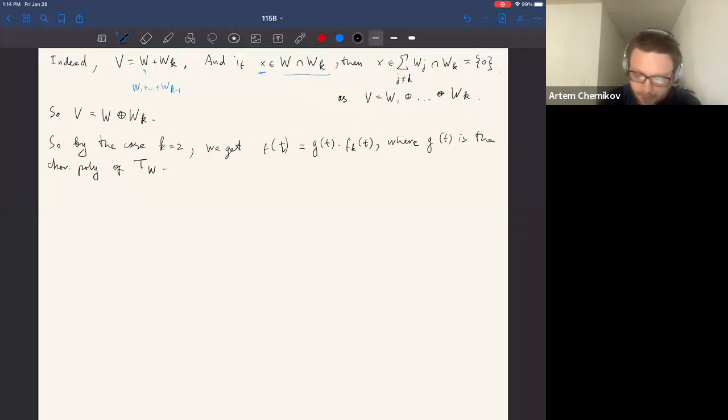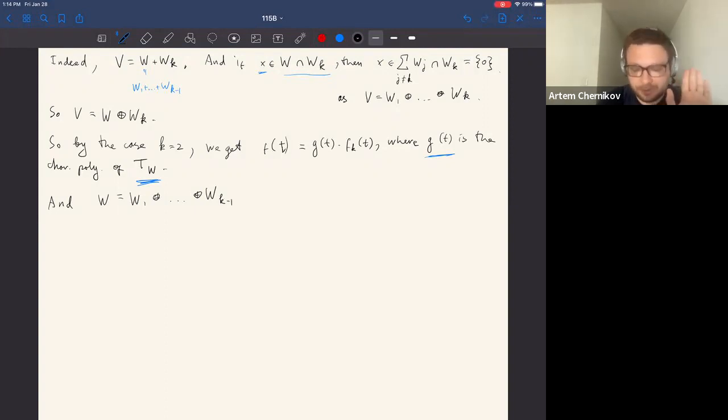All right, but now we can use the inductive assumption, right? Because look, g of T is the characteristic polynomial of T restricted to W. But let's remember what W is. We have that W is the direct sum of W1 through Wk minus 1, excuse me, right?